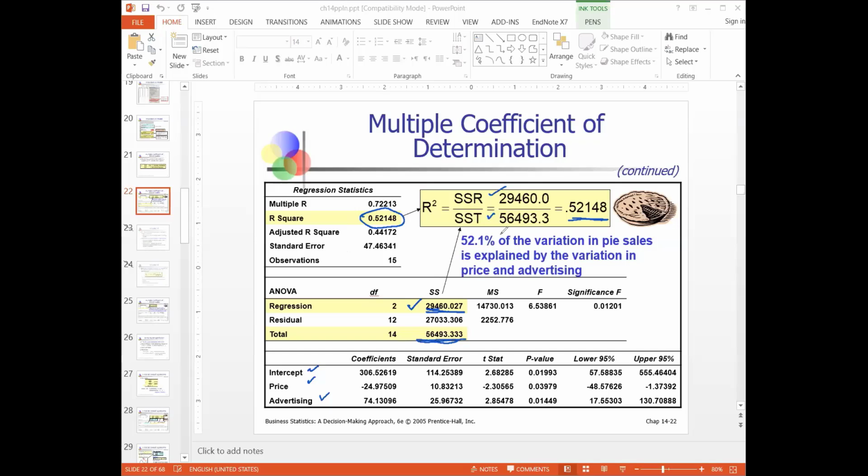What does it mean? It means that 52.1% of the variation in the Apple sales, that is the information that we have, we are able to gauge is because of price and advertising. So this was the interpretation of R square.